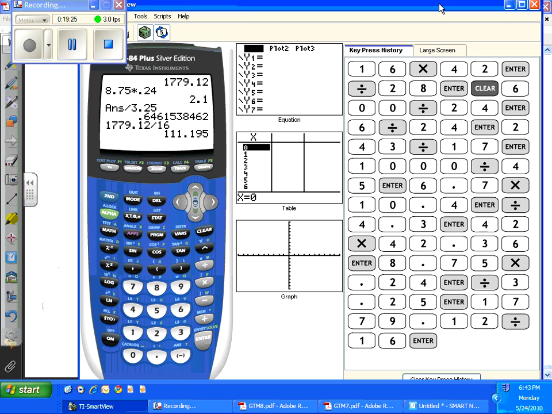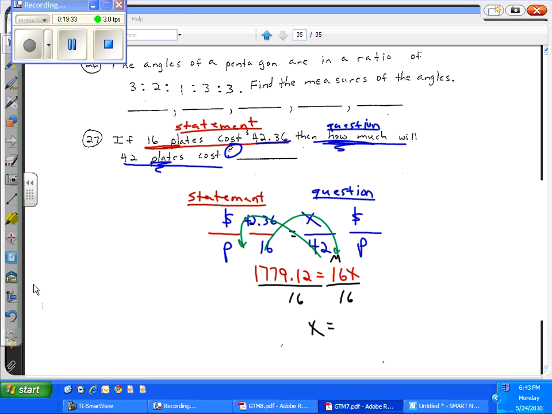That would round to 111.20. And so to the nearest cent, it would be $111.20. Any questions on number 27?